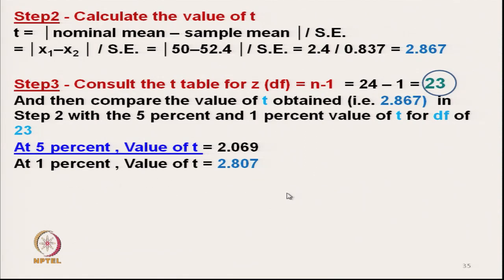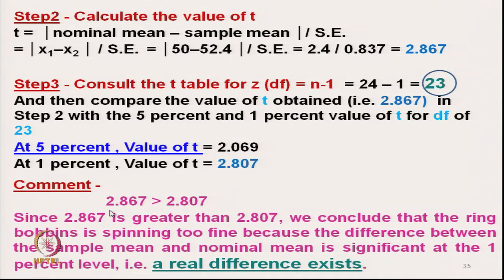It is higher than the 1% level. That means our conclusion is that 2.867 is more than 2.807 at the 1% level, which is always higher than the 5% level.